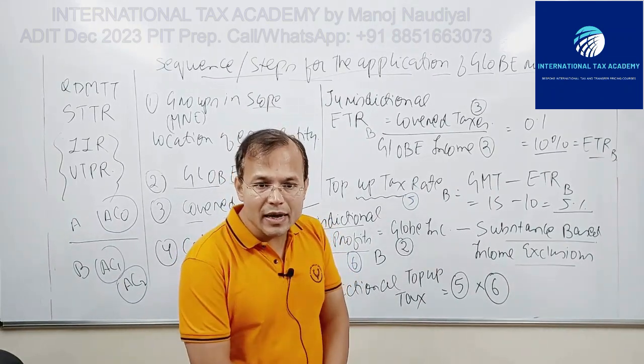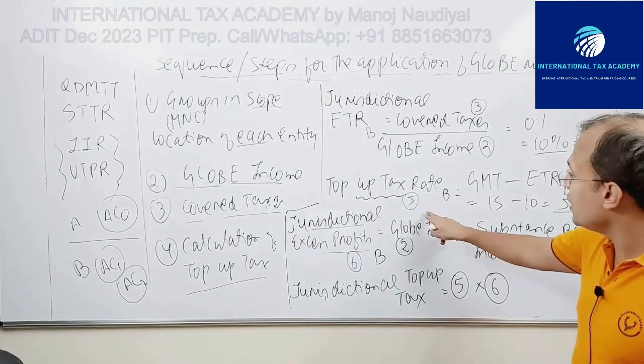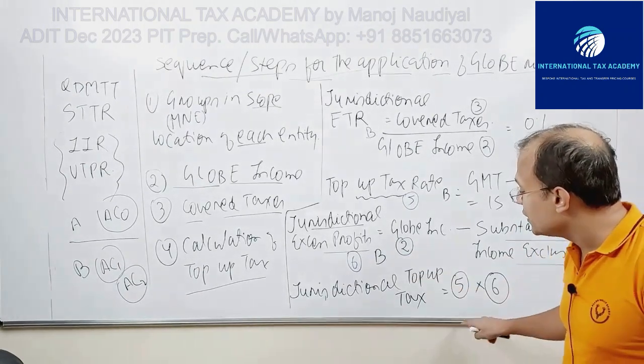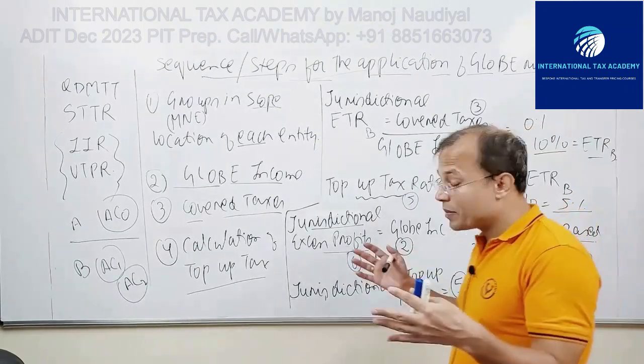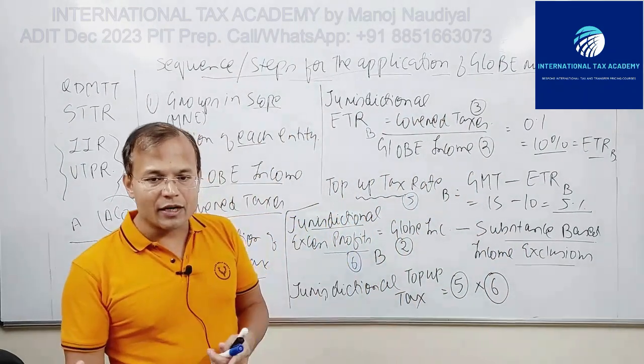Is this point clear? So this is equal to the jurisdictional top up tax rate into the excess profit. This will be equal to the jurisdictional top up tax that can be collected by country B under the application of GLoBE rules.